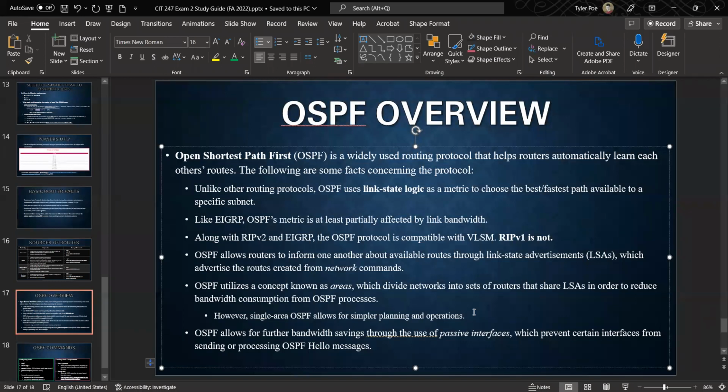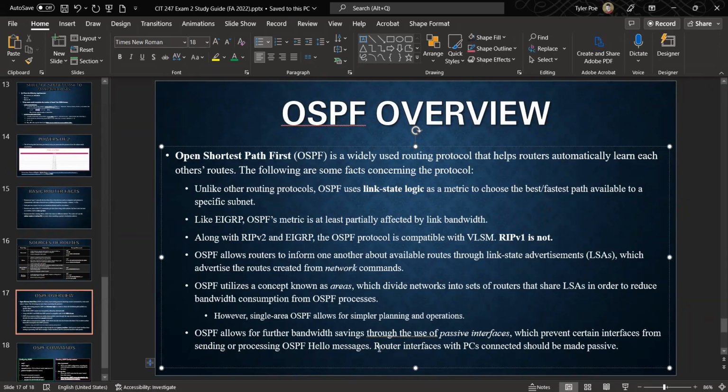But anyway, OSPF allows for further bandwidth savings through the use of passive interfaces, which prevent certain interfaces from sending or processing OSPF hello messages. Router interfaces with PCs connected should be made passive.